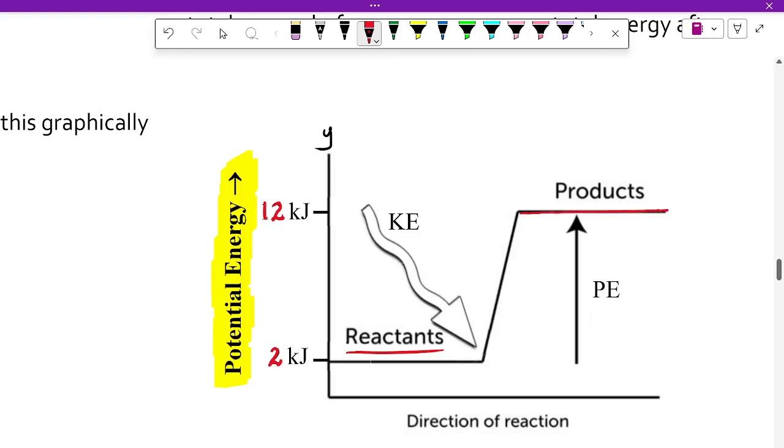So in between the reactants and the products, we have to go up. Where does that extra energy come from? It comes from the kinetic energy.